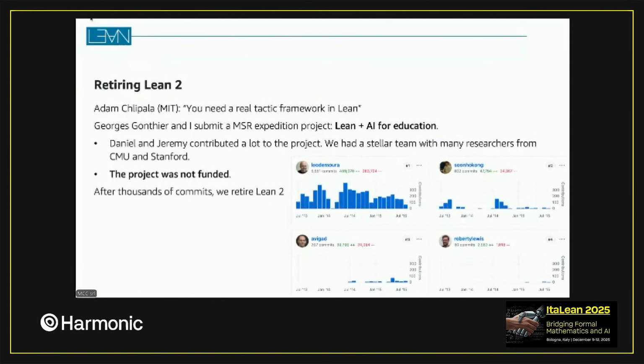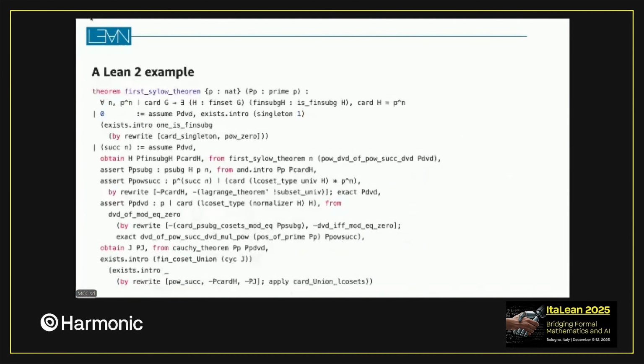We had researchers not just from automated reasoning, proof systems, programming languages, but also from AI. We had people now that are really famous, like Percy Liang from Stanford, on the team, right? But the project was not funded. That was the end of the first era, right? Basically, we got ready to start implementing Lean 3.